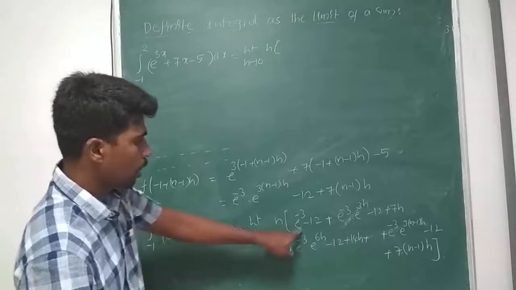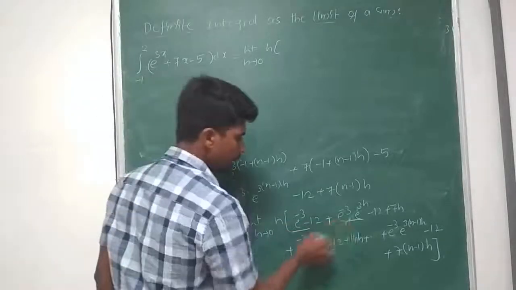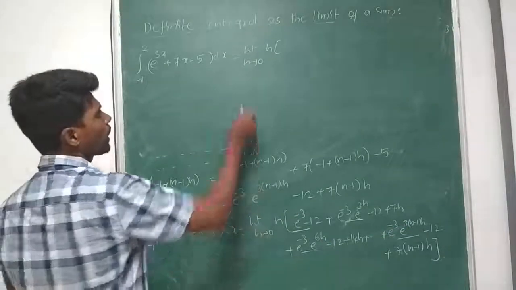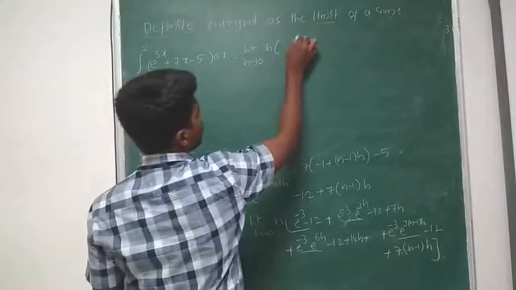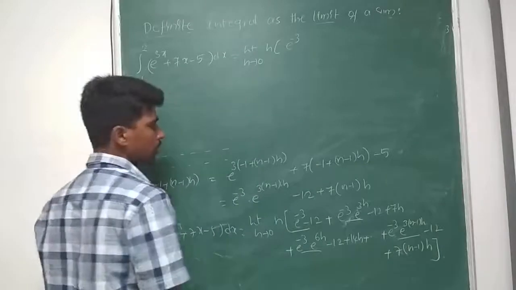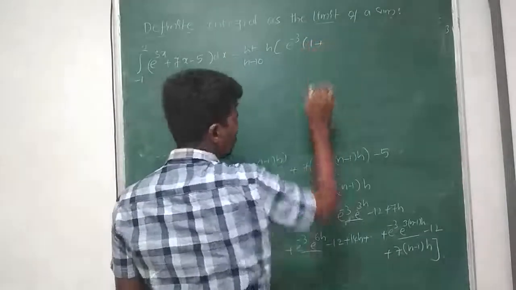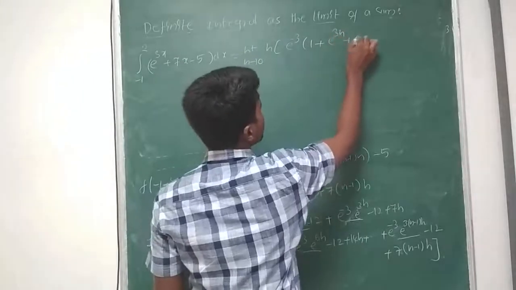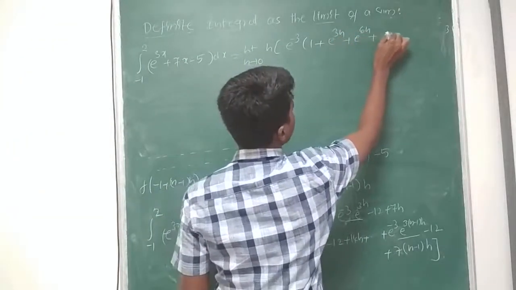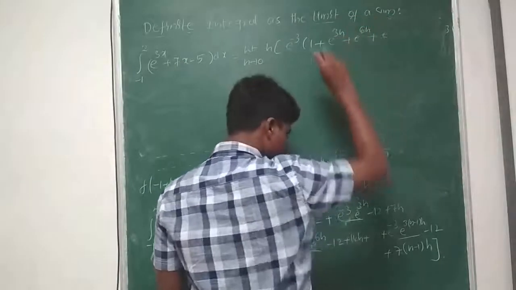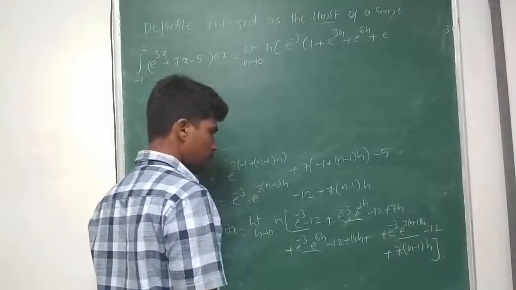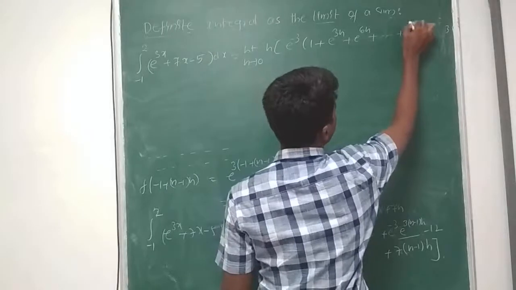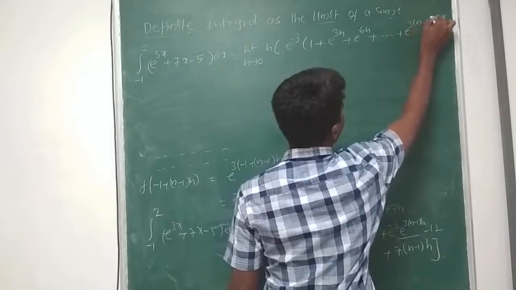So in all these terms I have e power minus 3 common. So I can take e power minus 3 common. Then the rest of the things: 1 plus e power 3h plus e power 6h plus and so on, plus e power 3 into (n minus 1) into h.